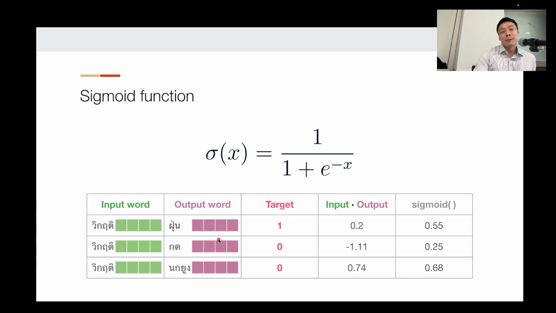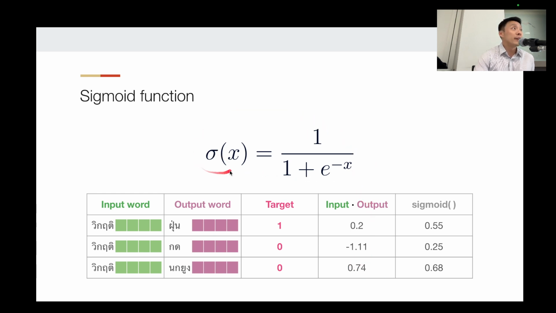So this is for the positive sample, as in the word that's in your window, and these are from negative samples, which you sample randomly from your vocabulary. Then you compute the dot product between each pair. Say you get this number, and this number, and this number.